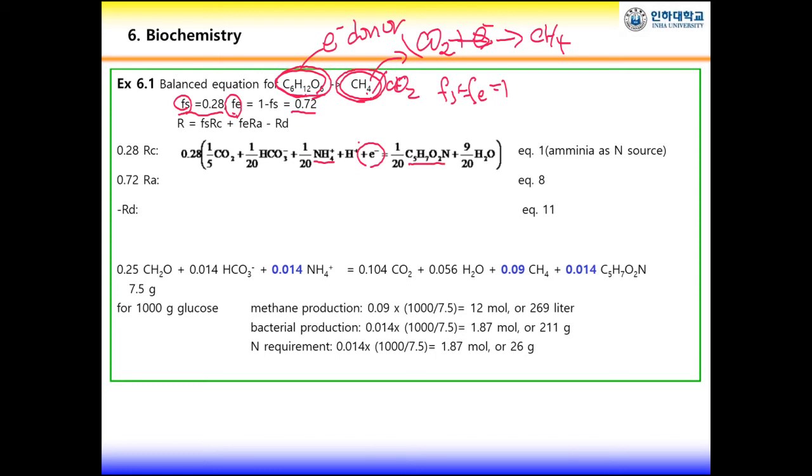So how many electrons are required when nitrate, NO3, is the nitrogen source? If you write down nitrate and carbon dioxide and C5H7O2N, then in this case the electrons required are about 28, not 20.